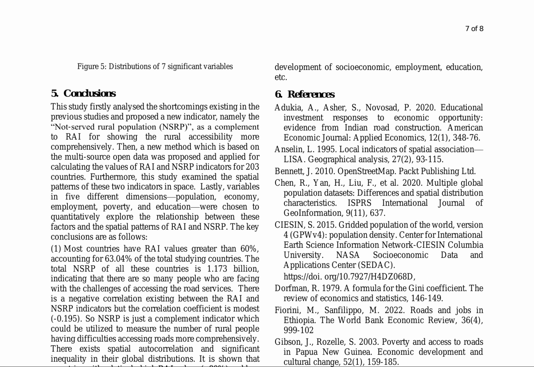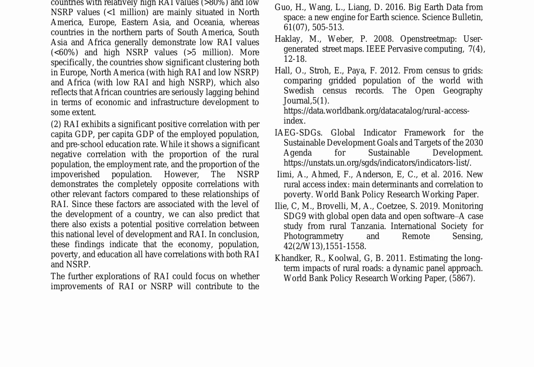Countries with high RAI values and low NSRP values are mainly located in North America, Europe, Eastern Asia, and Oceania, while those in South America, South Asia, and Africa generally exhibit low RAI values and high NSRP values. This clustering reflects the economic and infrastructure development disparities between these regions.